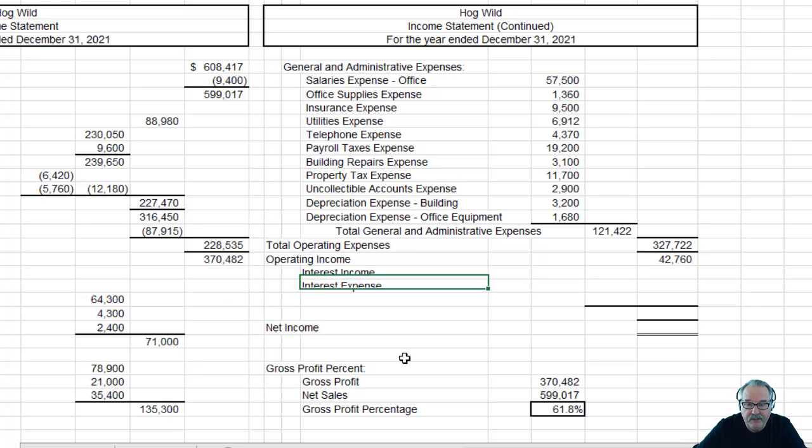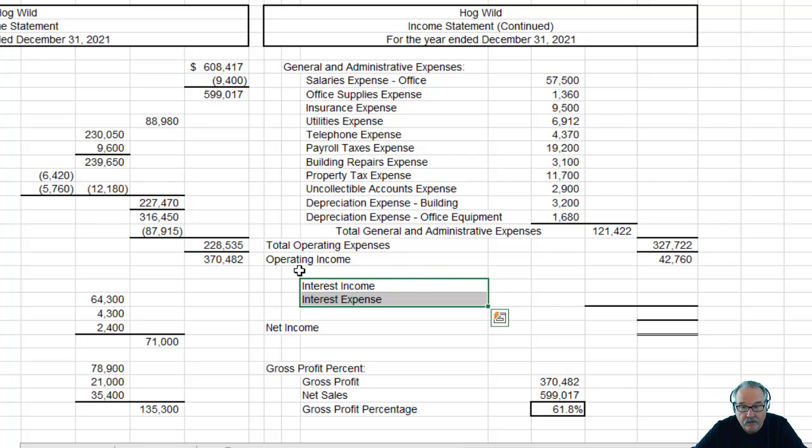Oh, in fact, I'm going to move these down one, sorry, because I want to label them as other income and expense. So we have interest income of $720. We have interest expense of $3,600.